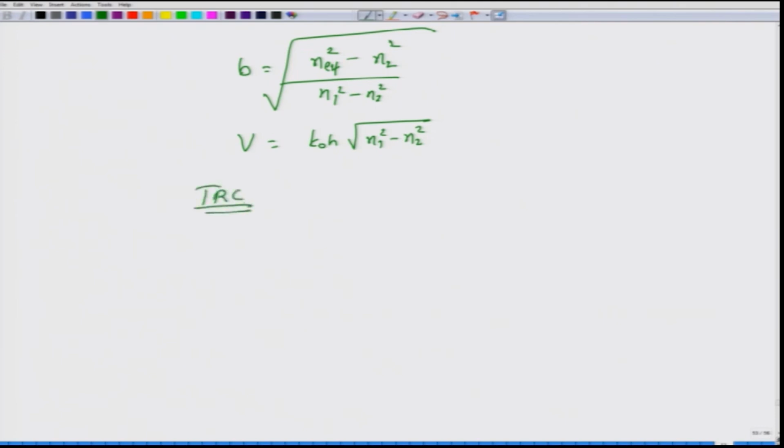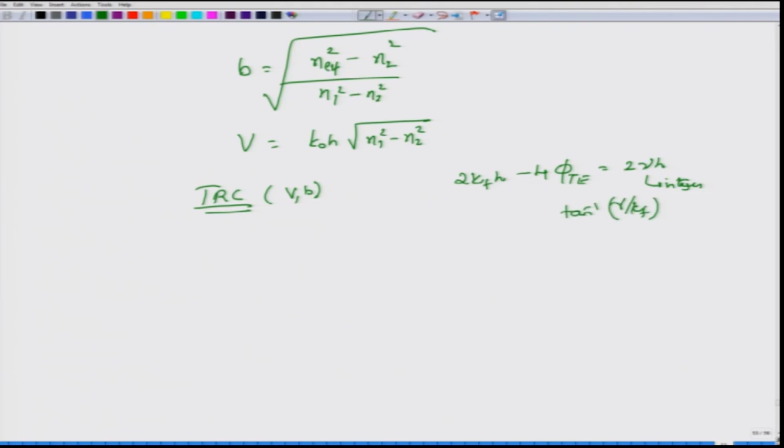From the transverse resonance condition, you express the condition in terms of V and B now. The transverse resonance condition, if you remember, was 2 kappa f h minus 4 phi TE for the TE modes being equal to 2 nu pi, where nu was the integer as we have seen earlier, and phi TE was essentially tan inverse of gamma by kappa f.